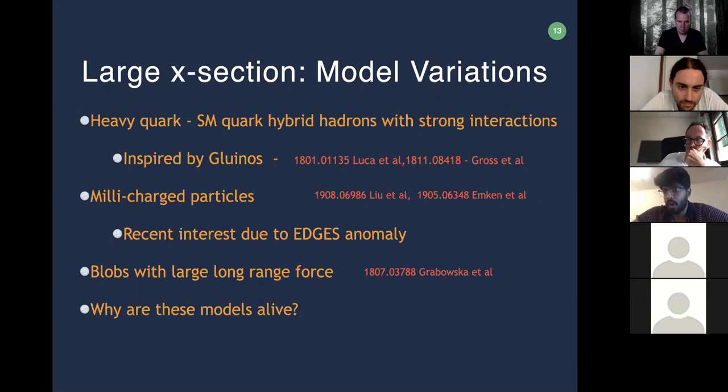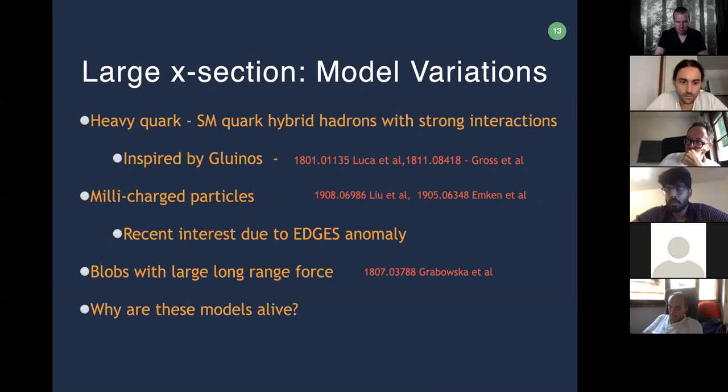So here, dark matter interacts with the standard model through SU(3), through color. Another example is millicharged particles, spurred by the recent interest to explain the EDGES anomaly. You can read some of these papers here. One other example that's not been looked at too much is blobs with a large range force.